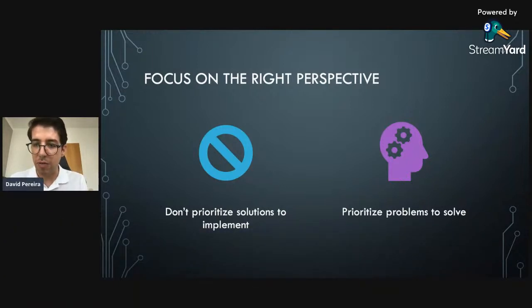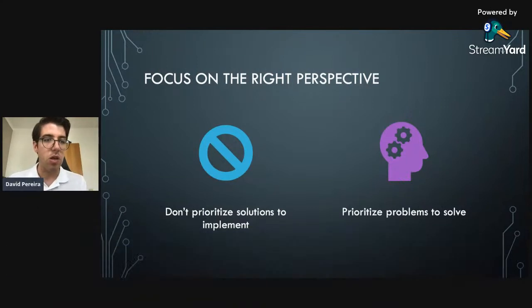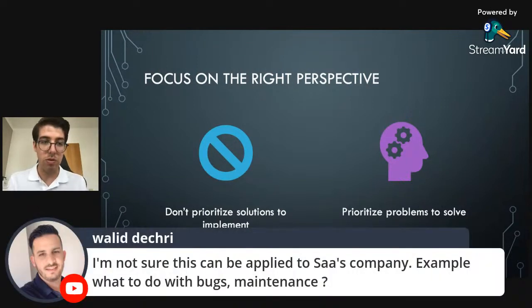And let's see if we have another question. We have someone, I'm not sure this can be applied to solution as a service company. Example, what do you do with bugs, maintenance? Well, you always need to keep the lights on. There's a service for that. And you can either have a team focus on this, or during on the team, for example, you can decide who is the one doing that per sprint or per day.